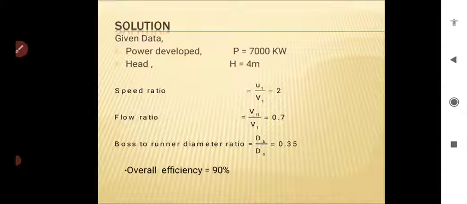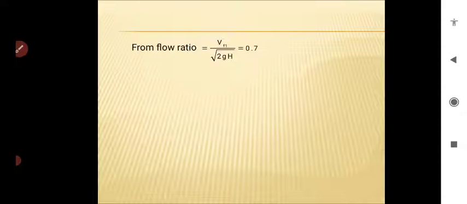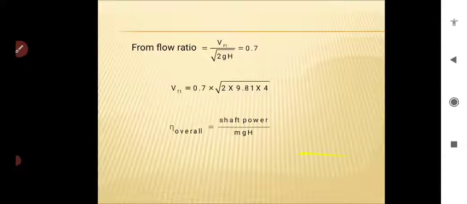I hope all of you understood this. Let us see one more, how it was solved. This is the given data, and from the flow ratio we have to calculate Vf1 here.